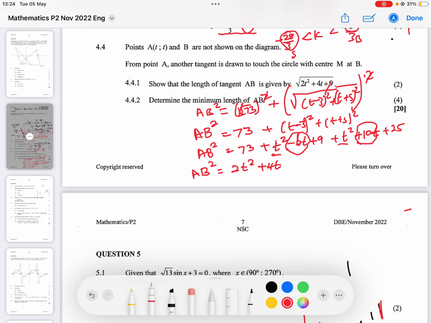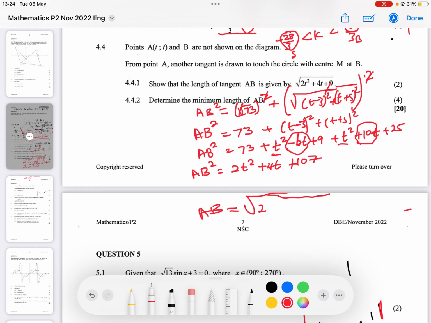Right? 107. Now I'm going to say AB, because it's AB squared, I need to remove that square, so I can introduce the root on both sides.